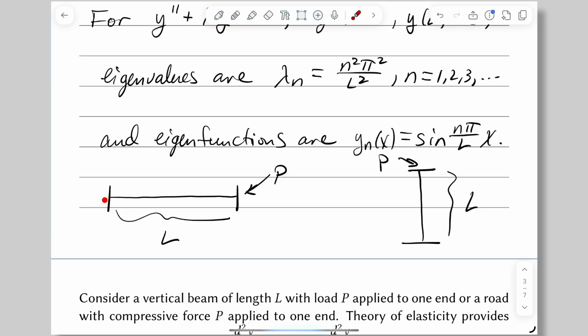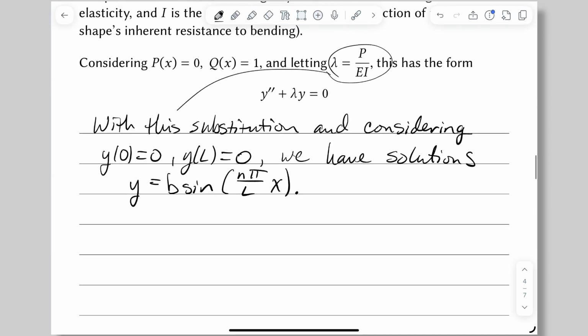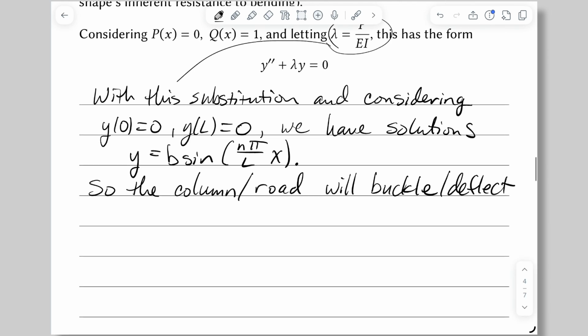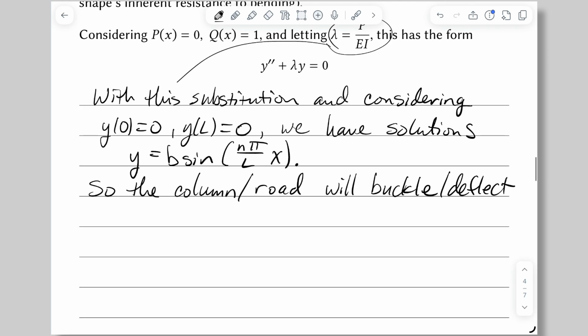In other words, we're talking about a situation where the beam, or the road, is not flat. This is a situation in which the road or the beam will buckle, also referred to as deflecting.